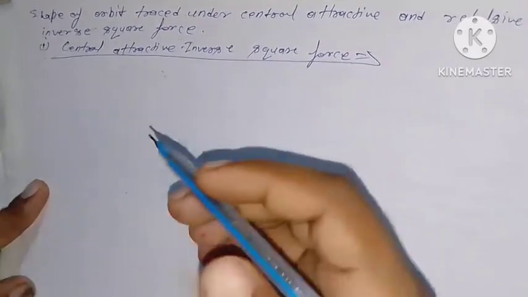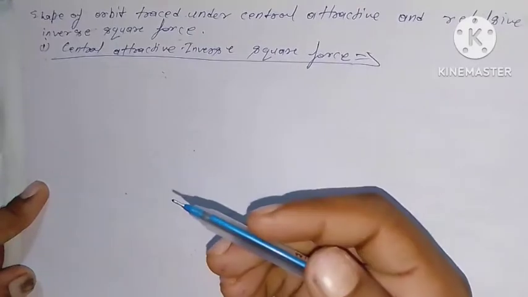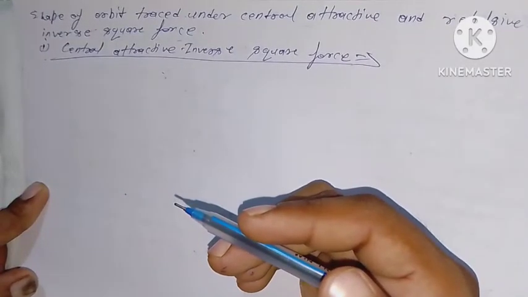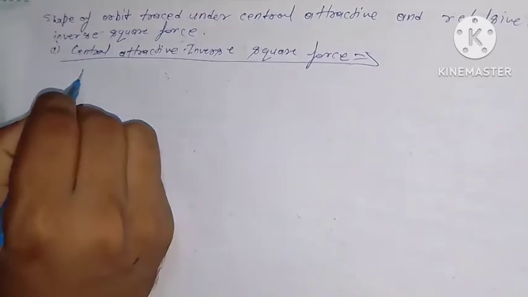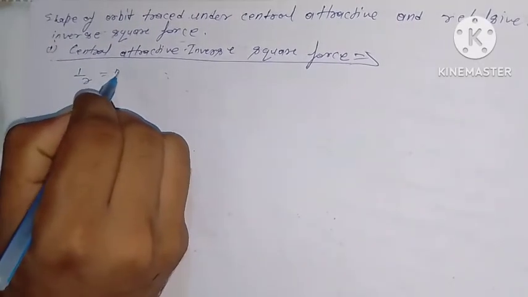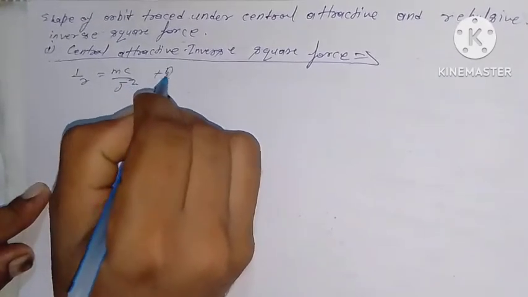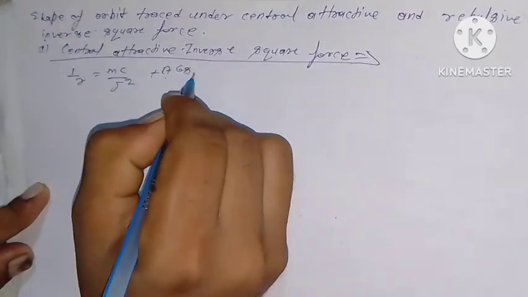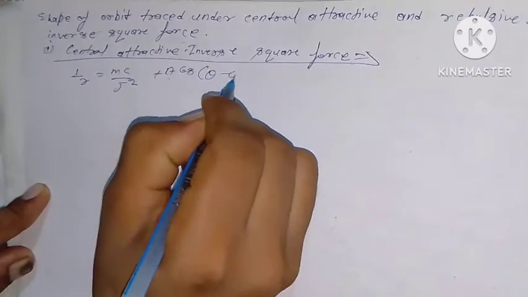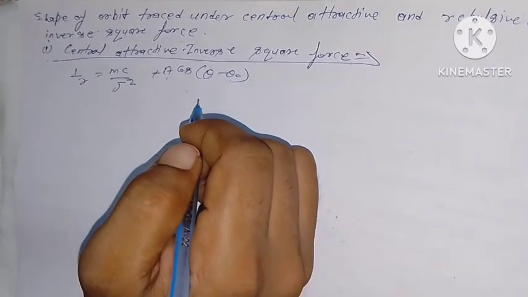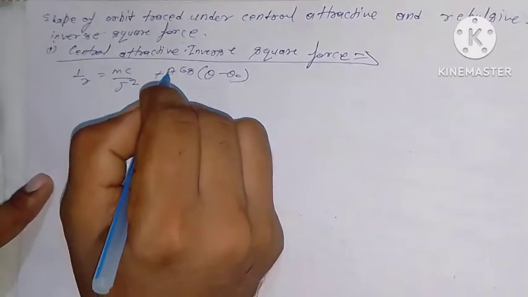The polar equation of the orbit traced by a particle moving under a central attractive inverse square force is given by 1 upon r equal to mc upon j square plus A cos(theta minus theta naught). We have studied this before.